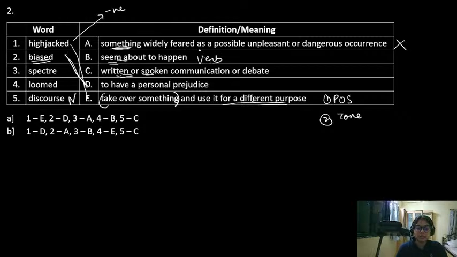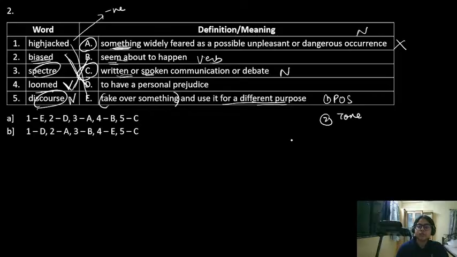Something widely feared as a possible unpleasant or dangerous occurrence, this could be a noun, because it is a something, and this too could be a noun. So let us then check the other options. Loomed we found out is a verb, and here is another verb given. So this should match with this. Then we are left with two nouns and two definitions.